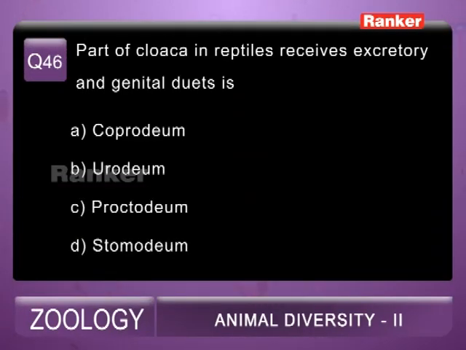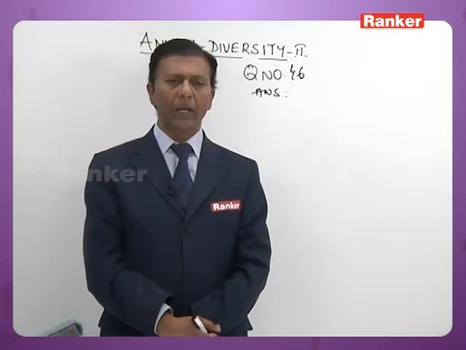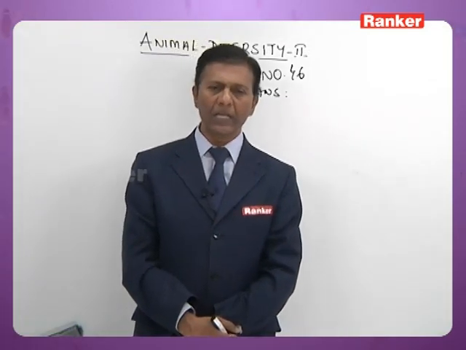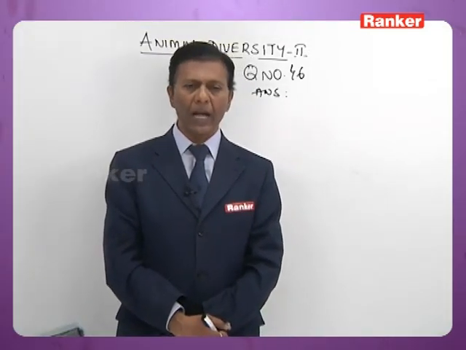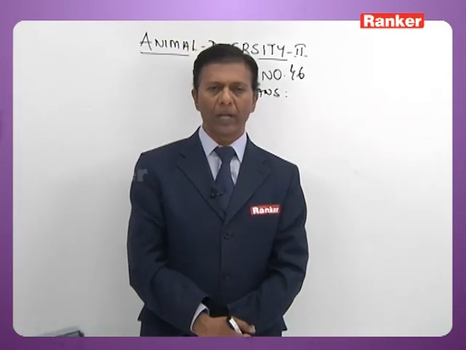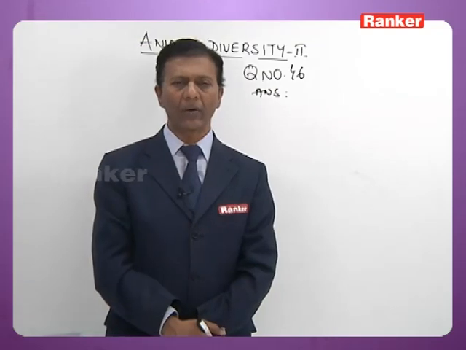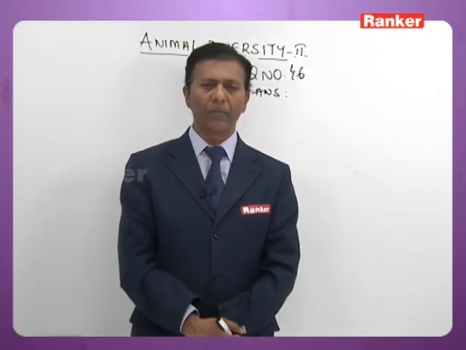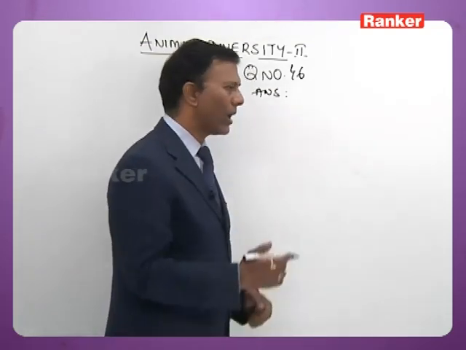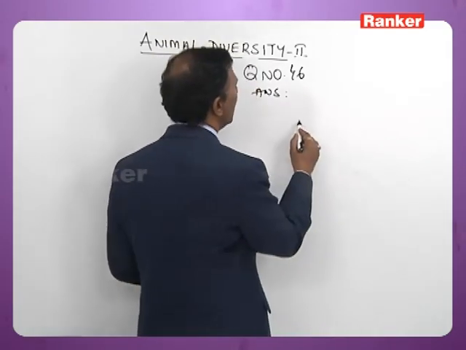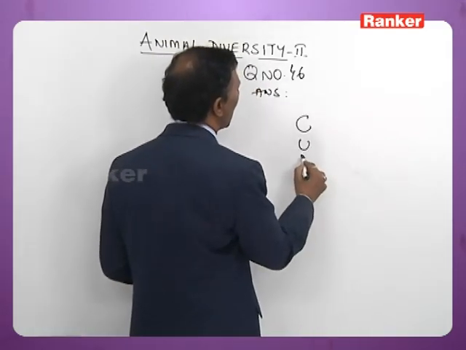Now 46th question here now. Part of cloaca in reptiles that receives excretory and genital products is A. Coprodium, B. Urodium, C. Proctodium, and D. Stomodium. Cloaca in reptiles and birds is divided into three parts.